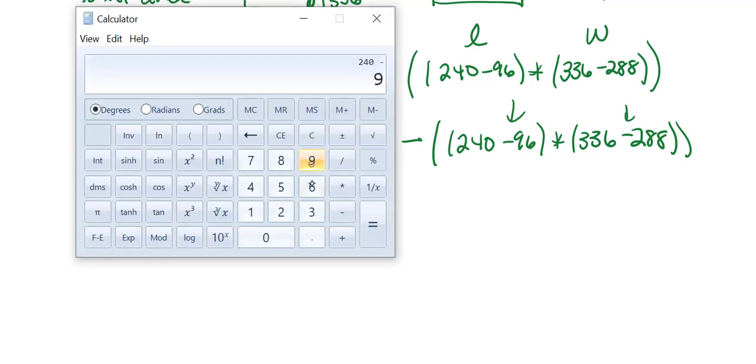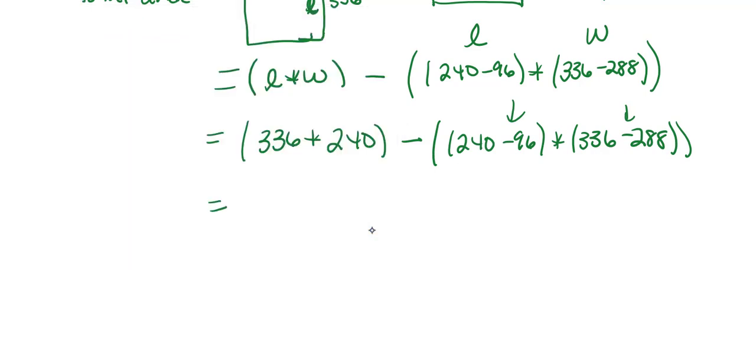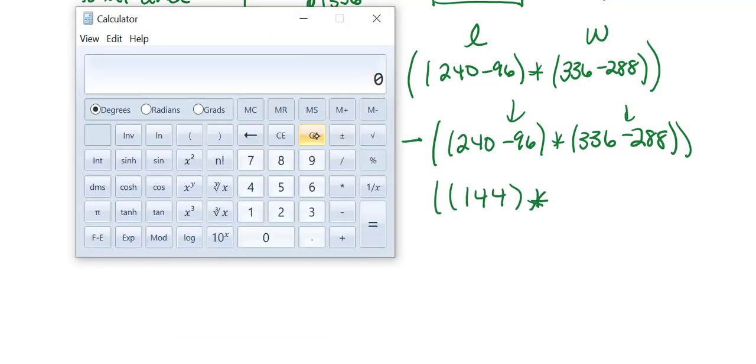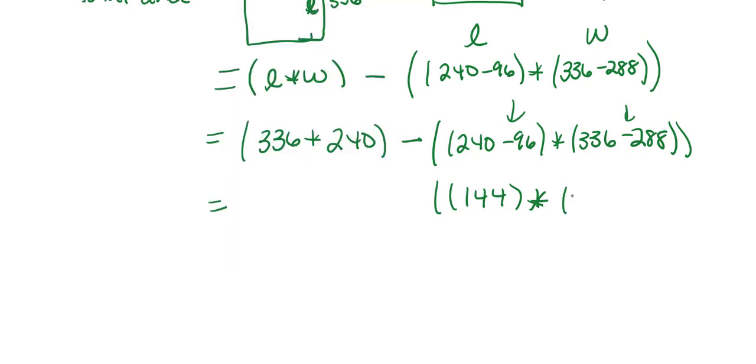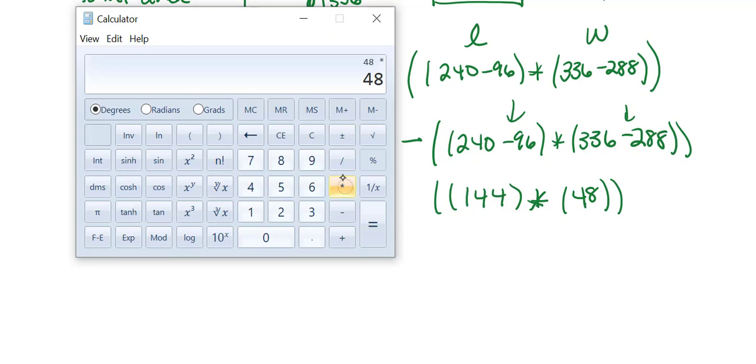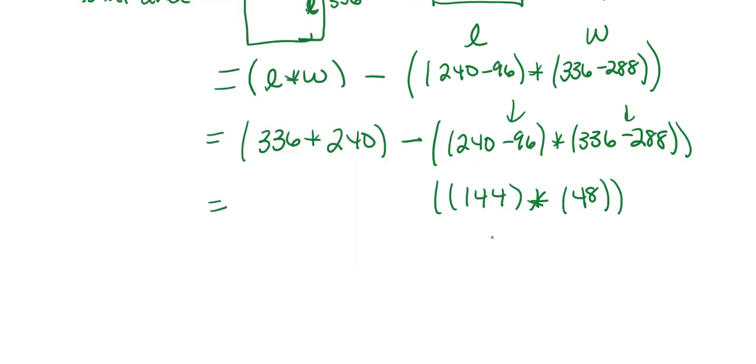That's 144. 336 minus 288. And what do we get? We get 48. So times 144, and we get 6,912.